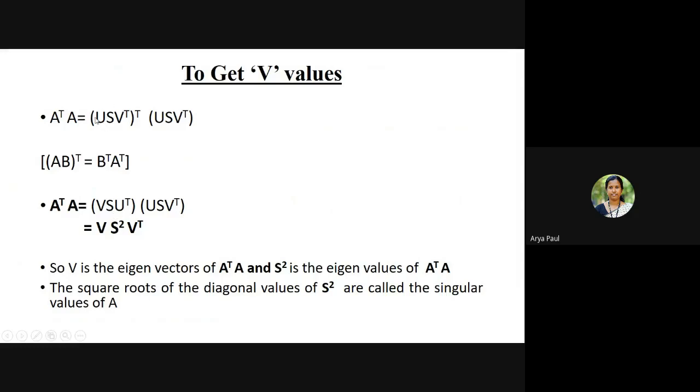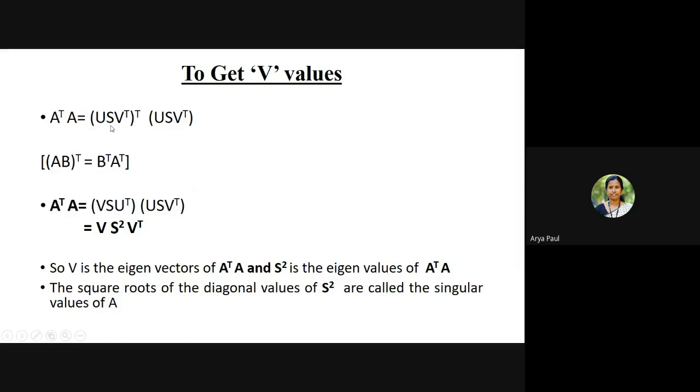Now you can have U transpose. So V S U transpose, and then U S V transpose is copied here. Once again I repeat, AB whole transpose is equal to B transpose into A transpose.